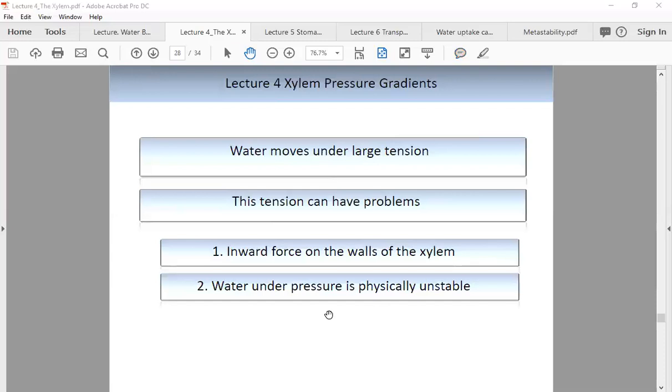Water under pressure in the xylem is actually in a metastable state. Ideal? It's actually not quite the ideal state. Above, beyond stability. All right, so you're all sort of going around. Sounds positive. Sounds positive.